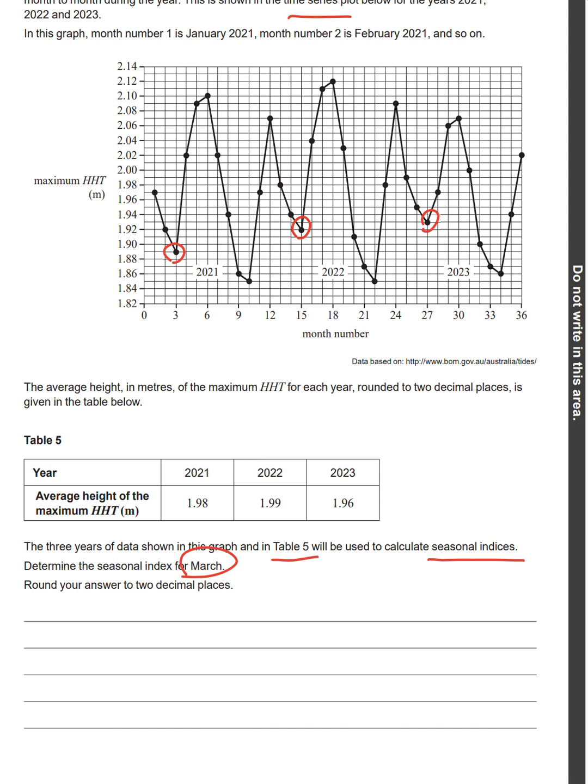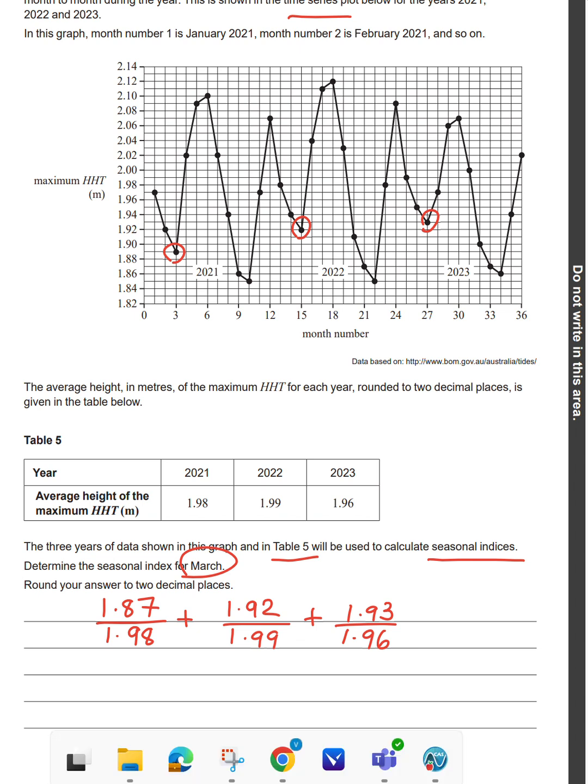So for the first one, I've got 1.87 over my first year, plus the second one I have 1.92 over 1.99, and then the third one is 1.93 over 1.96. We're just going to put that in our CAS.